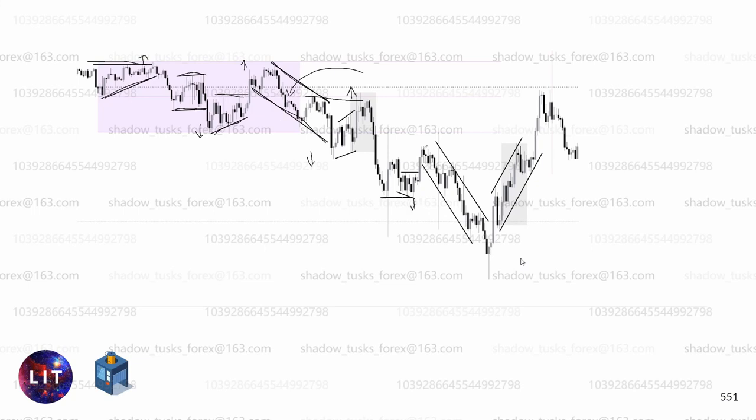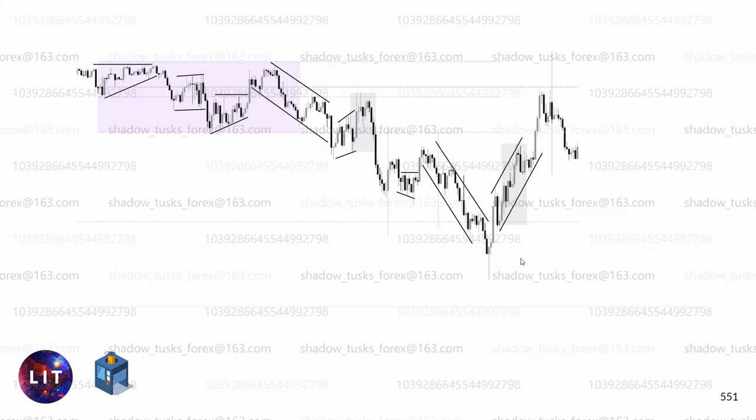Inducement low, inducement high into a build up of a channel, boom, induce the channel low, and then again another little build up into inducement high, creating, even though this did induce this on the left, likely just creating liquidity for the next day. Okay, perfect.